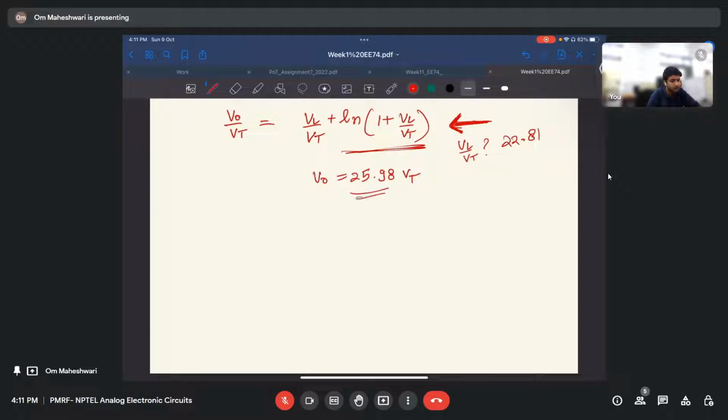And here you are getting this, or you are not getting this? I'm not getting this. Okay. So I0 minus IS (exp(22.81) − 1). Let me try to calculate. What is I0? I0 is 3.64 milli.